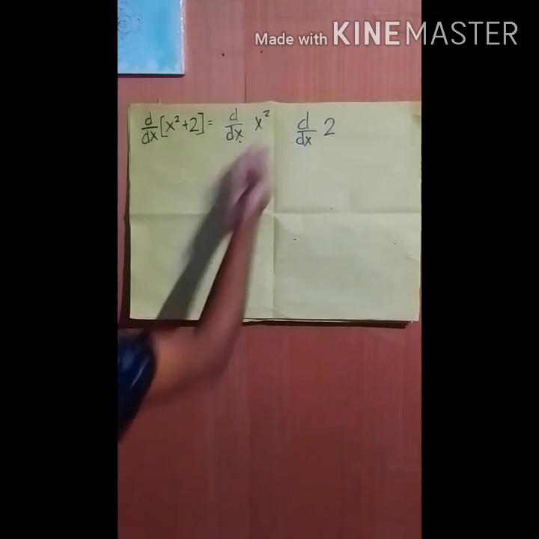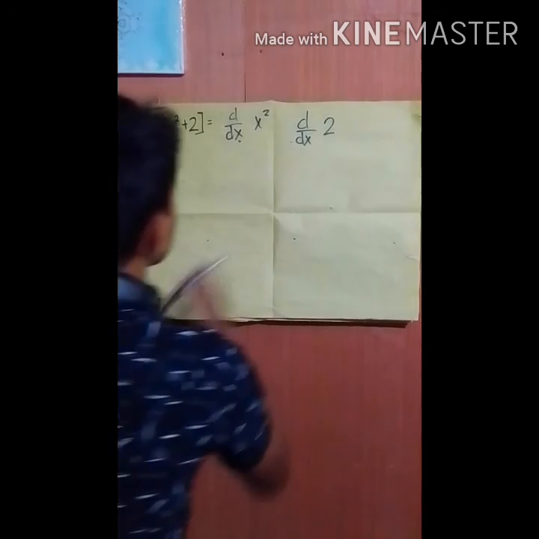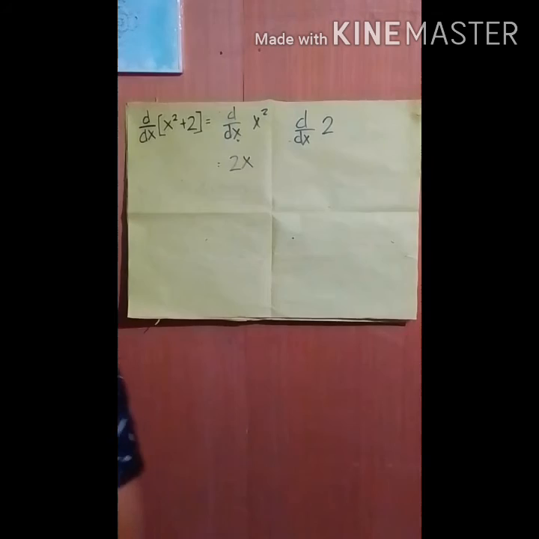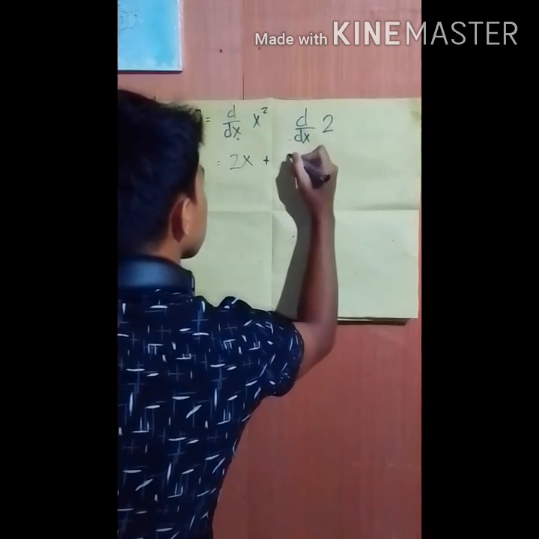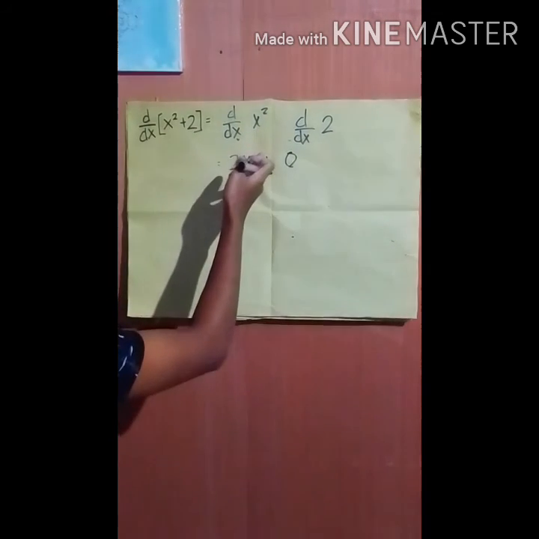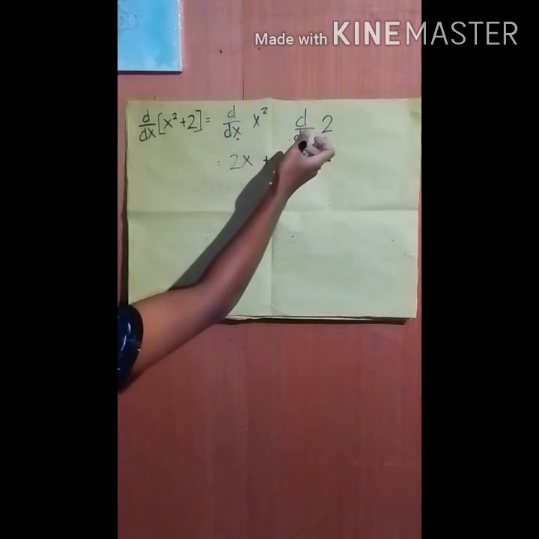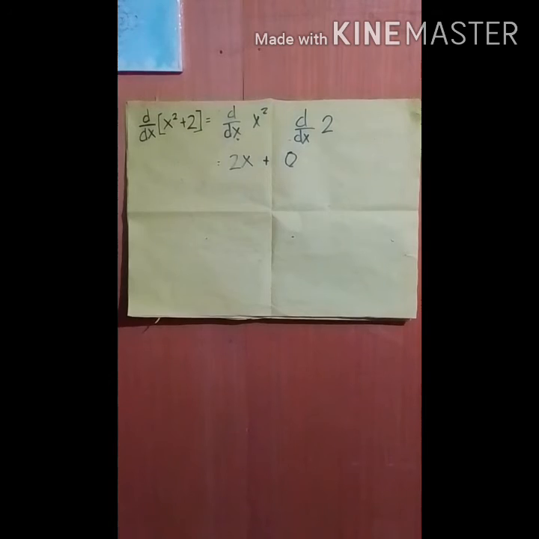So this one is 2x plus 0. X squared, again from the power rule, and this one from the derivative of a constant.